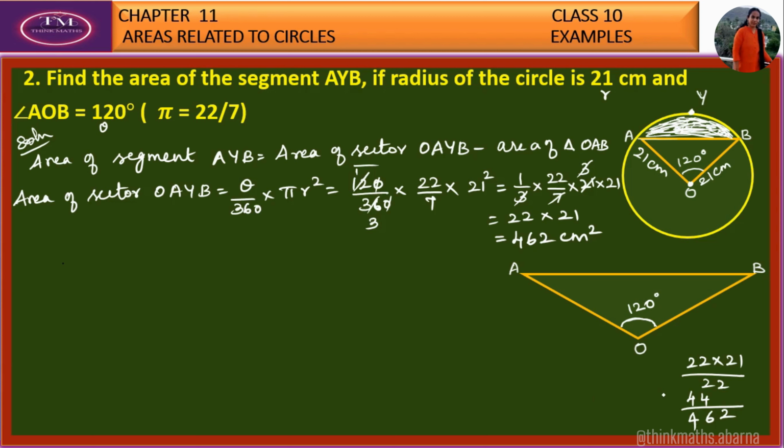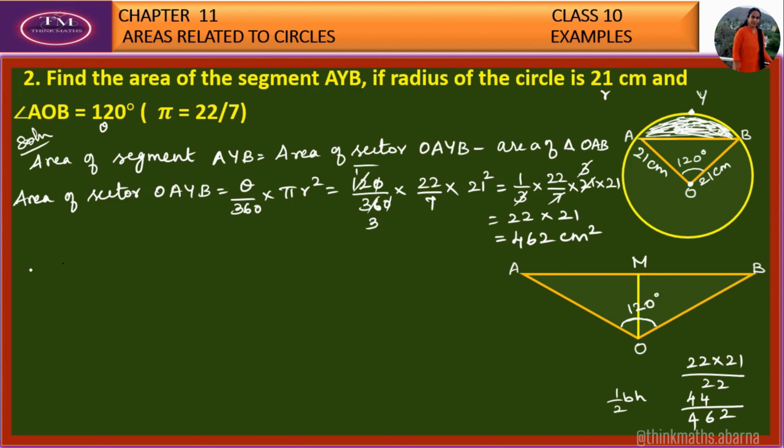So we can use the formula half BH, the area of the triangle. So we must know the base value and the height. So we are going to draw OM perpendicular to AB. Okay, children, we are going to draw a line OM perpendicular to AB.